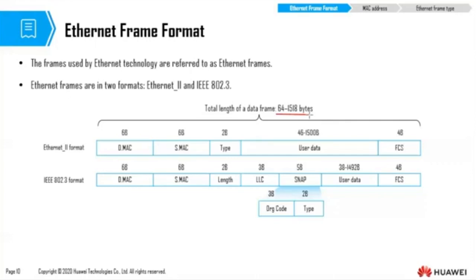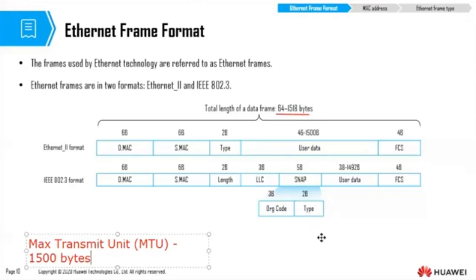And now, this size of the frame also brings a very important concept called the MTU, the maximum transmission unit. We talk of MTU when we're talking of IP packets, and normally on an Ethernet interface, the MTU is 1500 bytes.